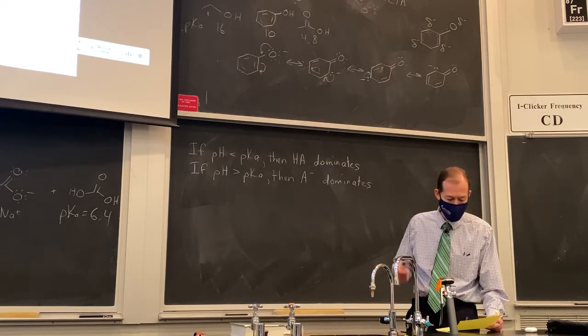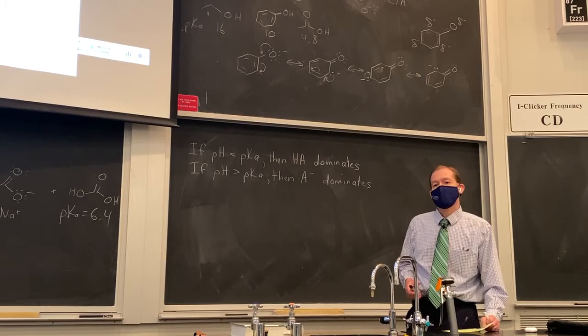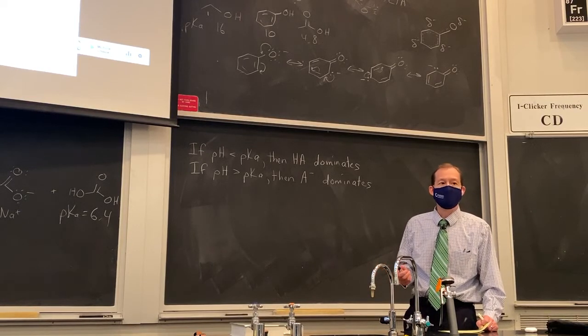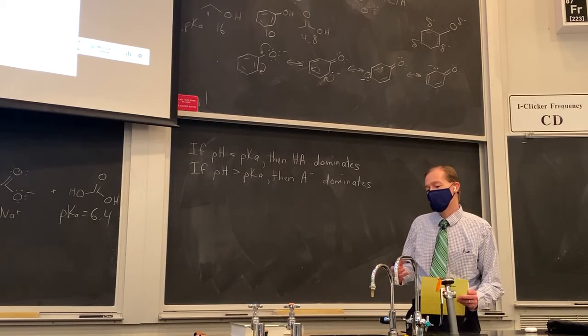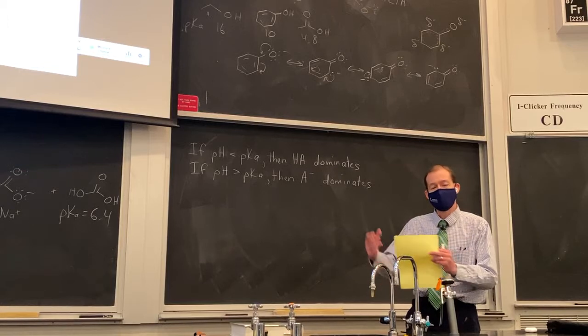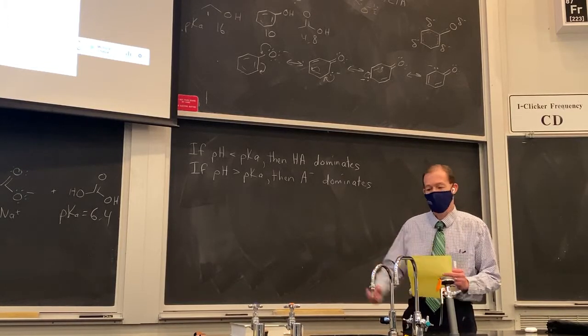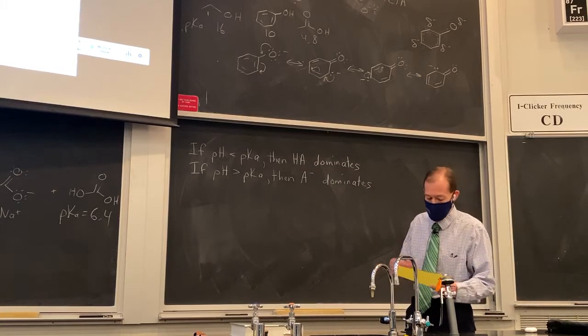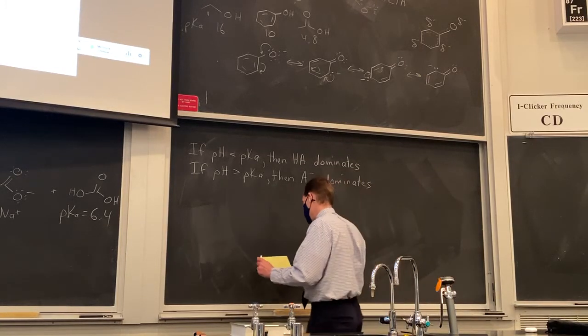They're a little more remote in the molecule. Our conjugate base is negatively charged, so electron withdrawing groups are going to be able to stabilize that negative charge in the conjugate base. But if we have electron donating groups, then that would destabilize the negative charge in our conjugate base.